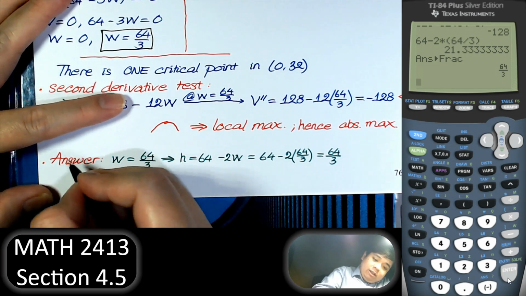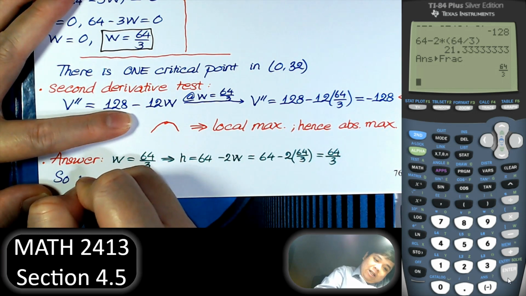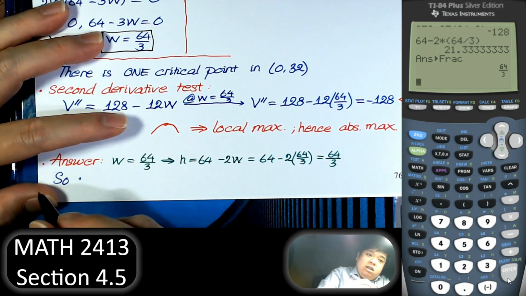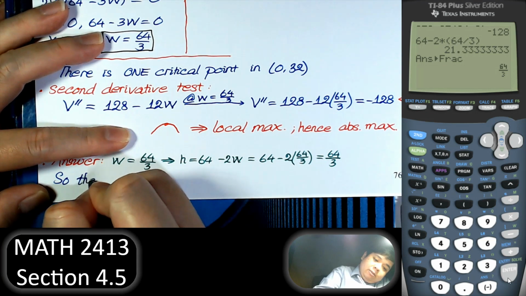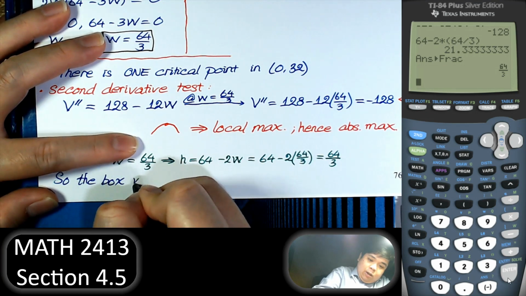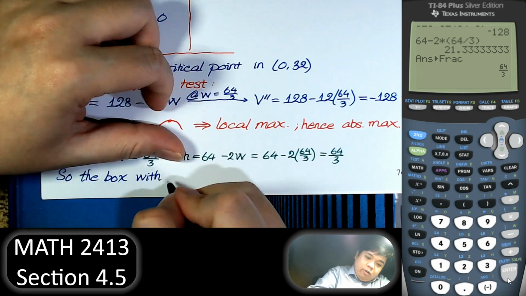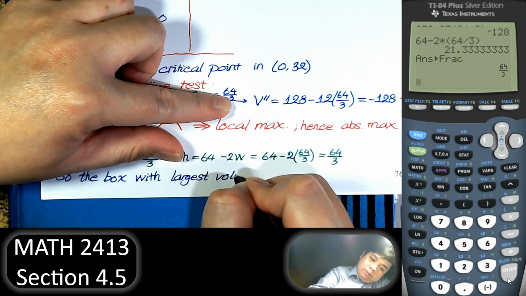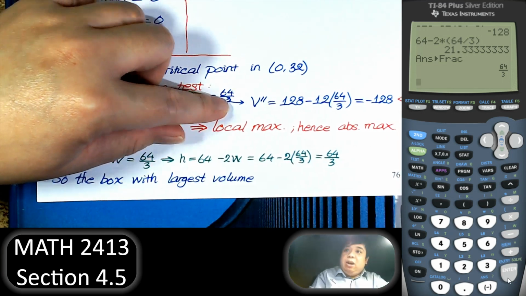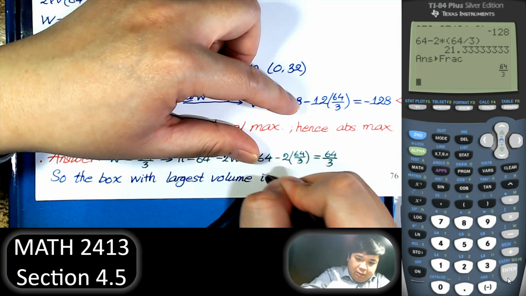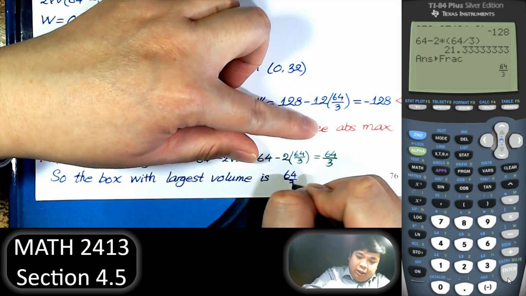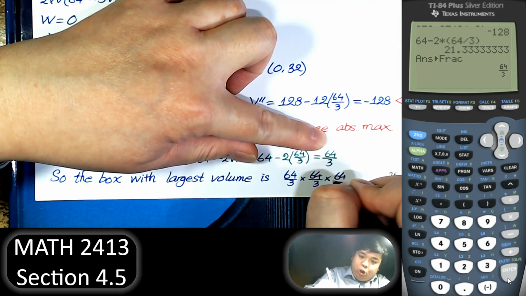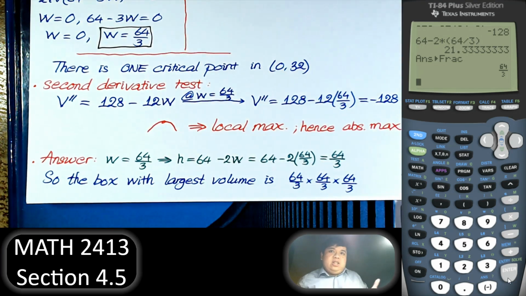So, maximize volume. The box with the largest volume has the dimensions 64 over 3 by 64 over 3 by 64 over 3, which is a cube of this size, in inches.